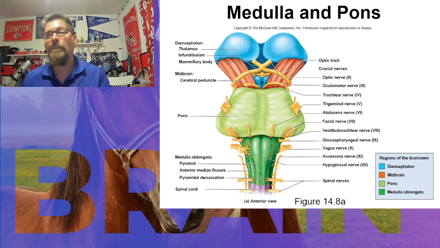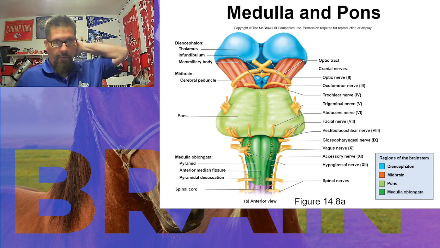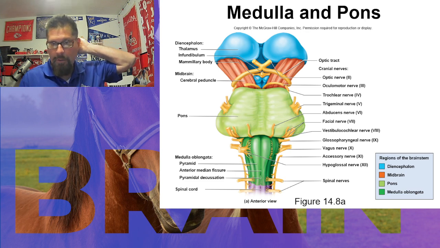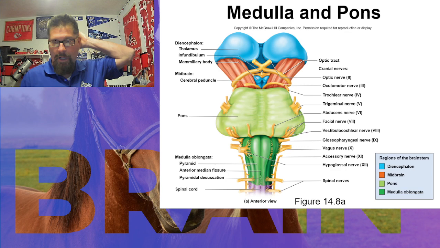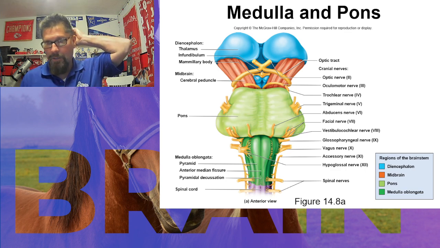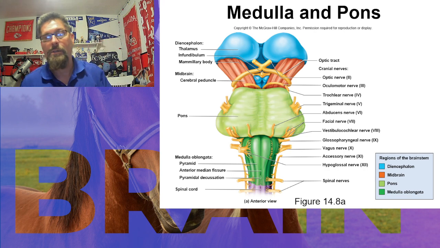If you feel back here, obviously you can feel your spinal cord, and at the base of it, you can feel the beginning of the skull. That's the purple area, that's the spinal cord, and then inside there is the medulla, and then the pons, and then the midbrain, working your way up, and the diencephalon in there as well.